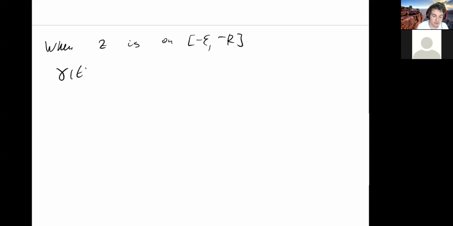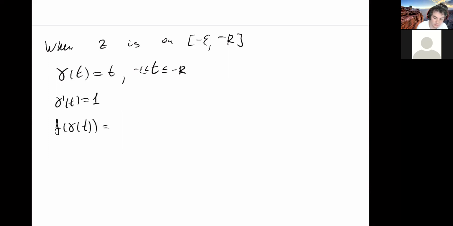So my parameterization is gamma of t equal to t, and t is from minus epsilon to minus r. So gamma prime of t is 1. That's great. What's f of gamma of t? Yes, it's the complex logarithm of t divided by t squared plus 4 squared.